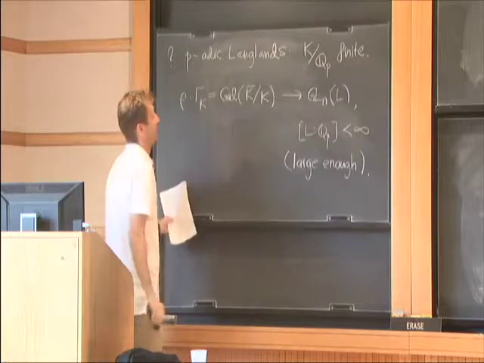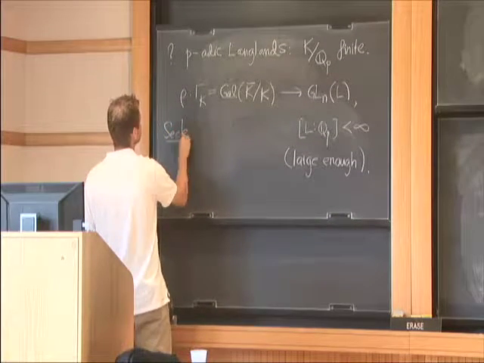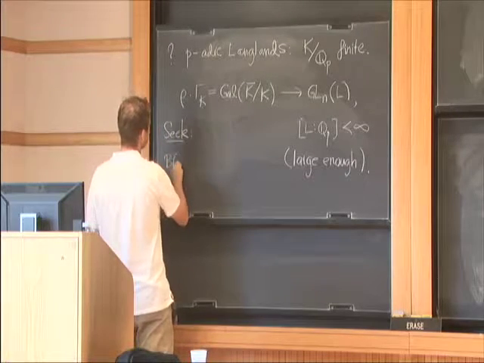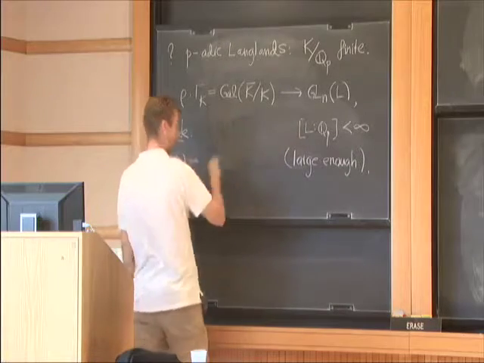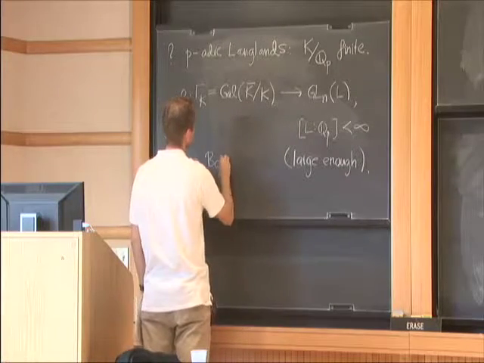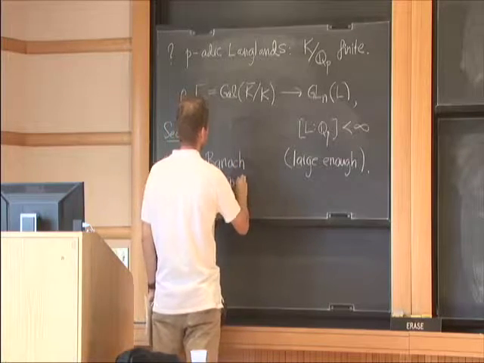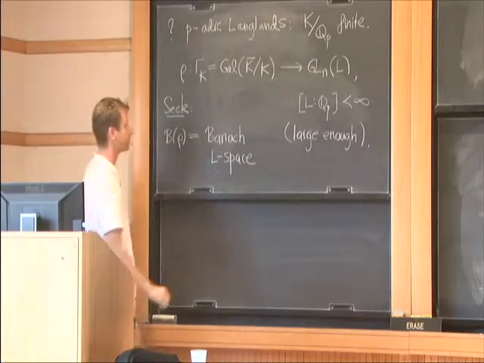And I guess what you're trying to do is you want to attach some Banach space, some B of rho. So this would be a Banach space over the coefficient field, which has an action of GL_n(K). Okay?